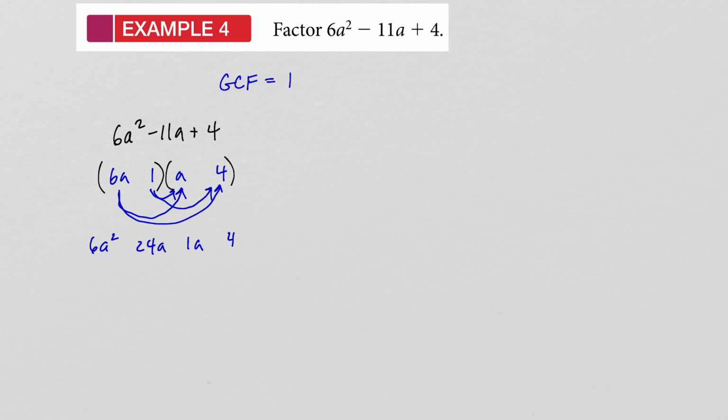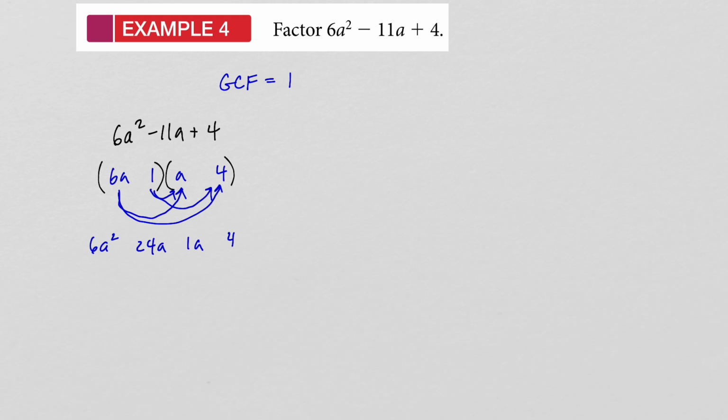But does this have any chance of making negative 11a in the middle? Regardless of what the signs are here, positives or negatives, am I going to be able to make negative 11a in the middle? And the answer is no. 24a and 1a will never make negative 11a when you add these together. So this is not the correct combination, okay?